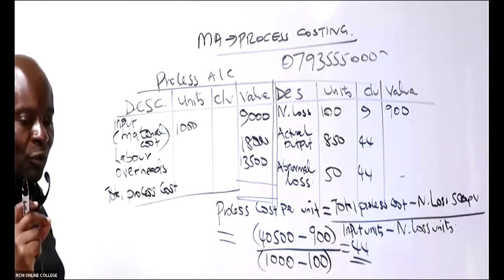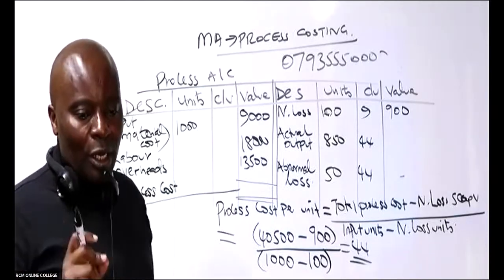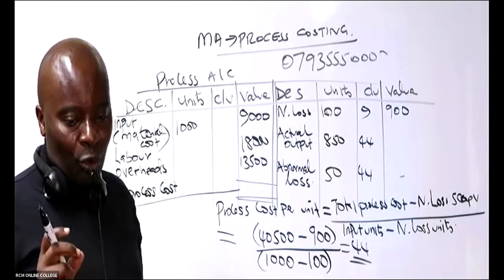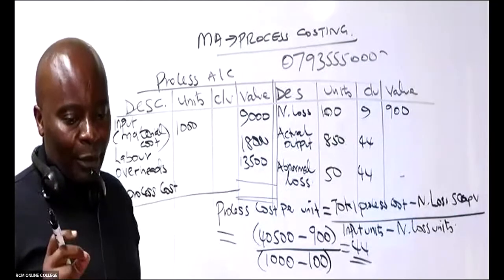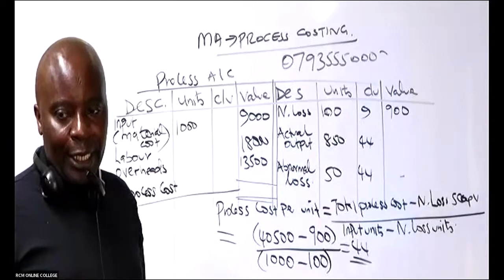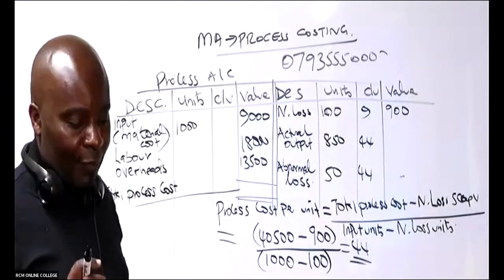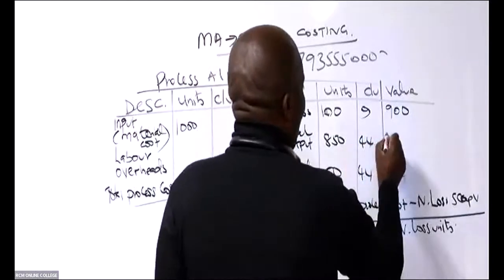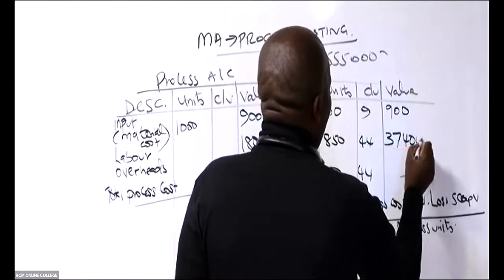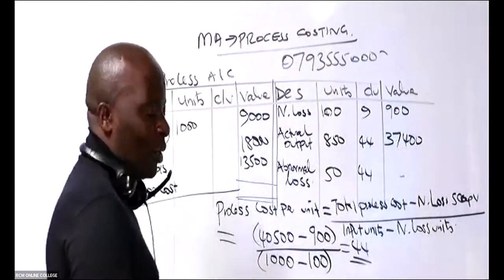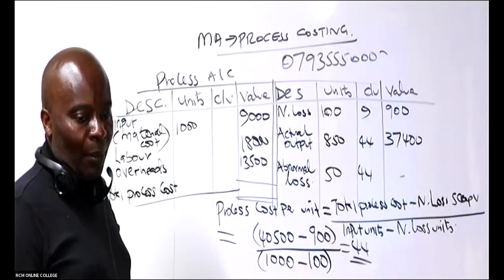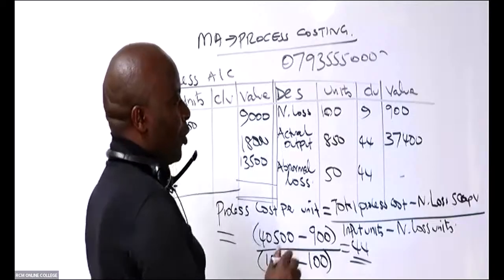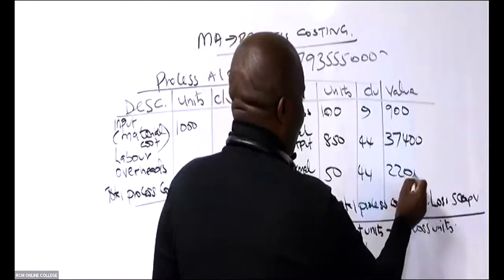So what will be the total value of actual output? 850 times 44, 37,400, and then 50 times 44, because remember, this is per unit. So this gives me 2,200.